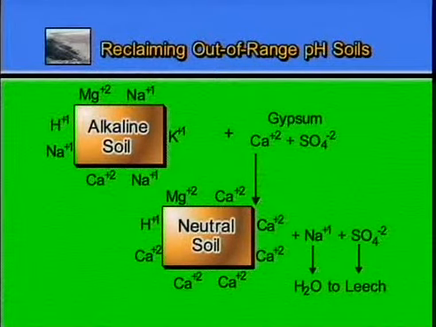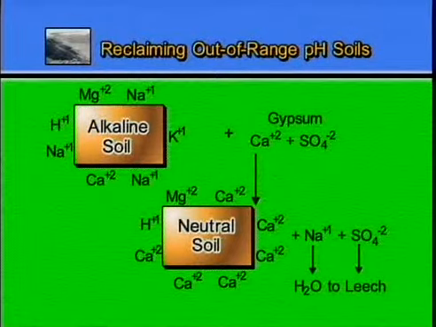Soil samples can be taken, sent into a soils testing laboratory, and the actual gypsum requirement can be determined. So you can get a quantitative determination of the amount of gypsum that is going to be required to bring the pH of that soil down into the desirable range and/or displace the sodium with calcium, and then be able to leach that from the soil profile.